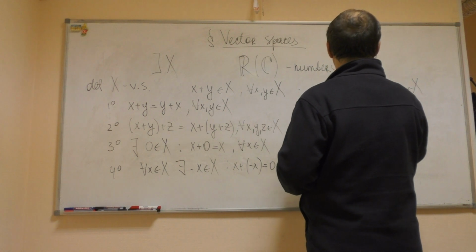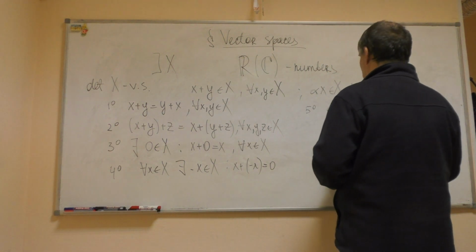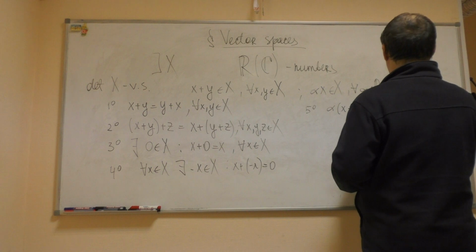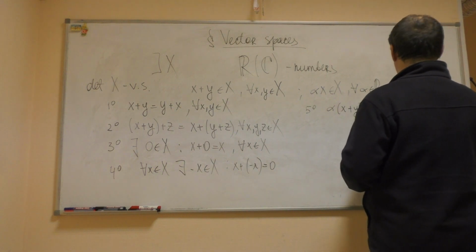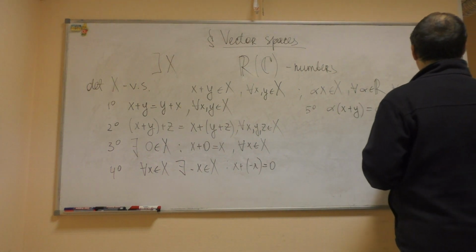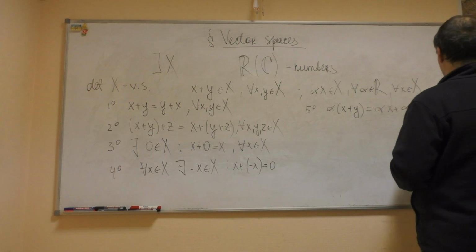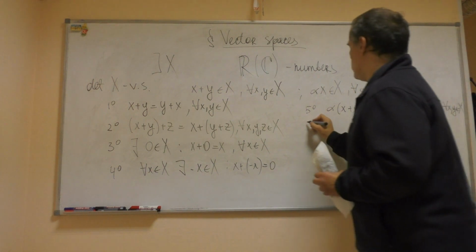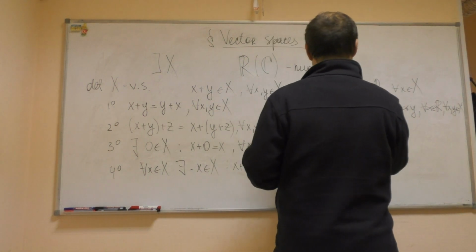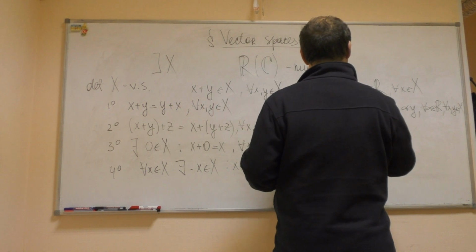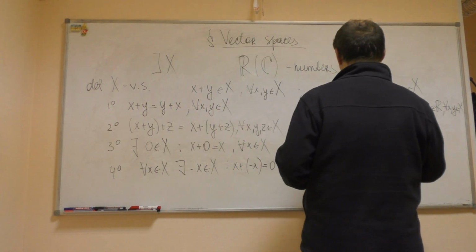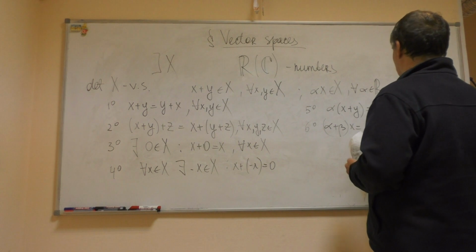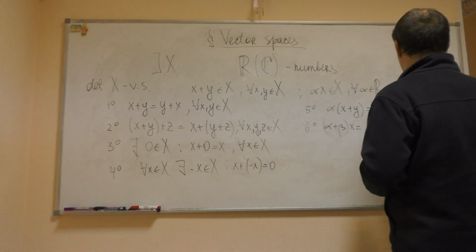Alpha multiplied by the sum of x and y is equal to alpha x plus alpha y for each alpha and each x and y from X. Alpha plus beta times x is equal to alpha x plus beta x.